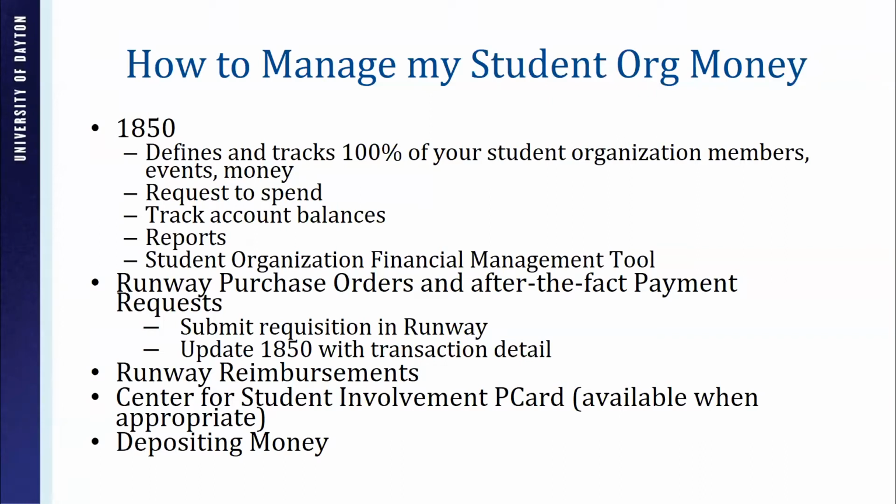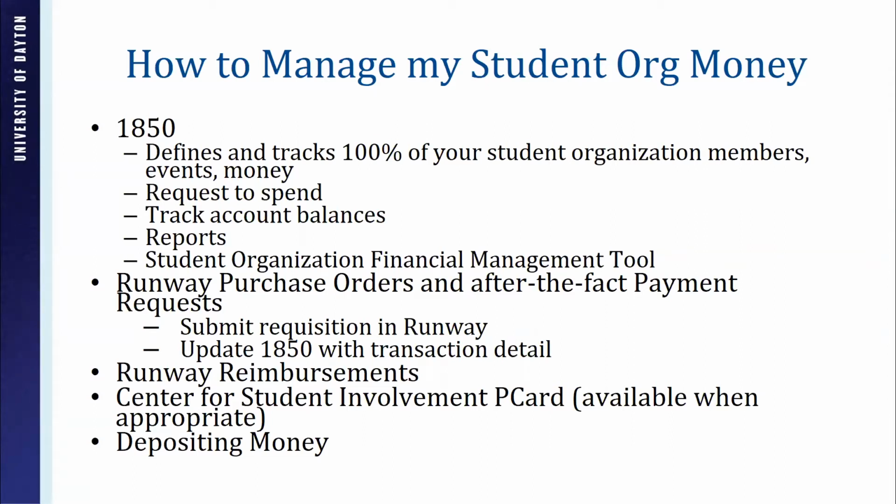You can file reports or find reports about your financial activity as an organization. And you'll also find the student organization financial management tool, which I will show you here in a little bit. Runway purchase orders. Runway is one of the systems that we use at the university to make purchases.